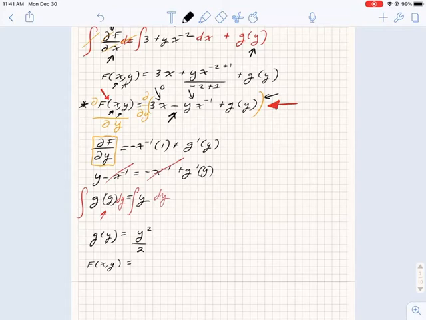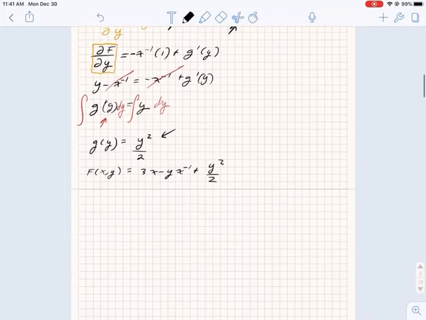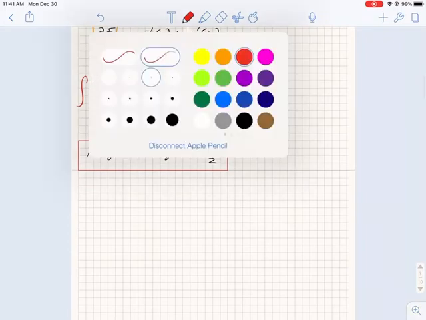So this means that f of x and y is equal to 3x minus y x to the minus 1 plus this g of y function, which we found was y squared over 2. And this is the solution to the differential equation that we started with.